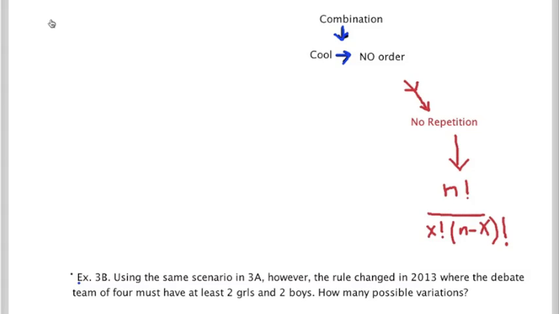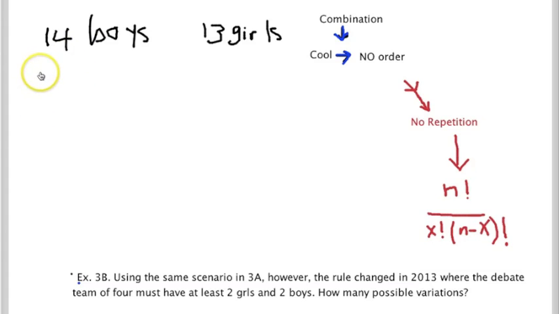How many possible combinations? So we know that there are 14 boys in the class. So again, this is from the previous problem. And then we have 13 girls in the class as well. So combined for 27 people. So we want at least 2 girls and 2 boys. So that means that we have to have 2, and then we have 2 on each side.